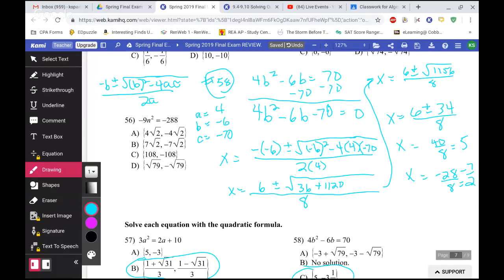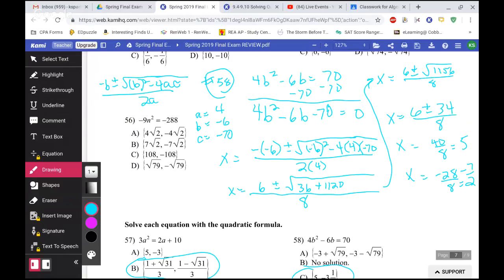it's a good idea to check if the number underneath the radical is a perfect square before you commence to factoring. So if you put 1156 in your calculator and did second and square root and you came back with a whole integer, that means it's a perfect square and you don't have to factor. If you put the number in and it came back as a decimal, then you would have to factor.